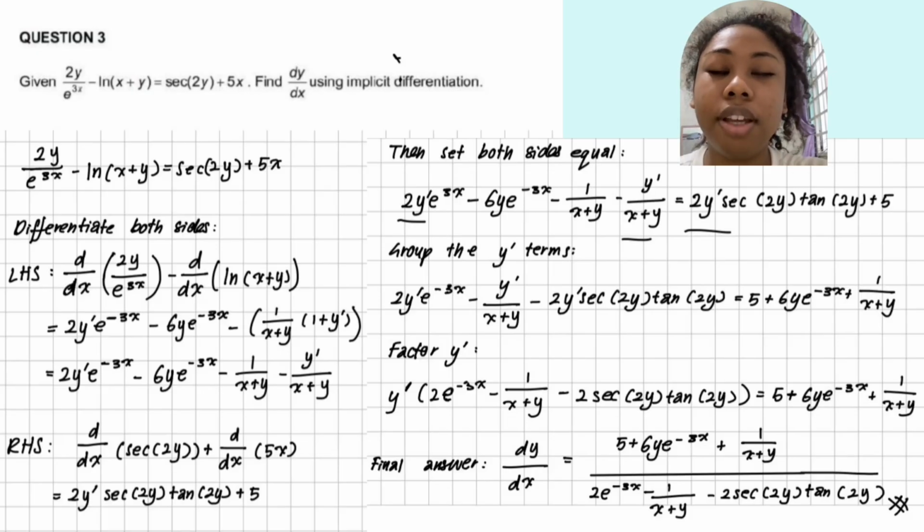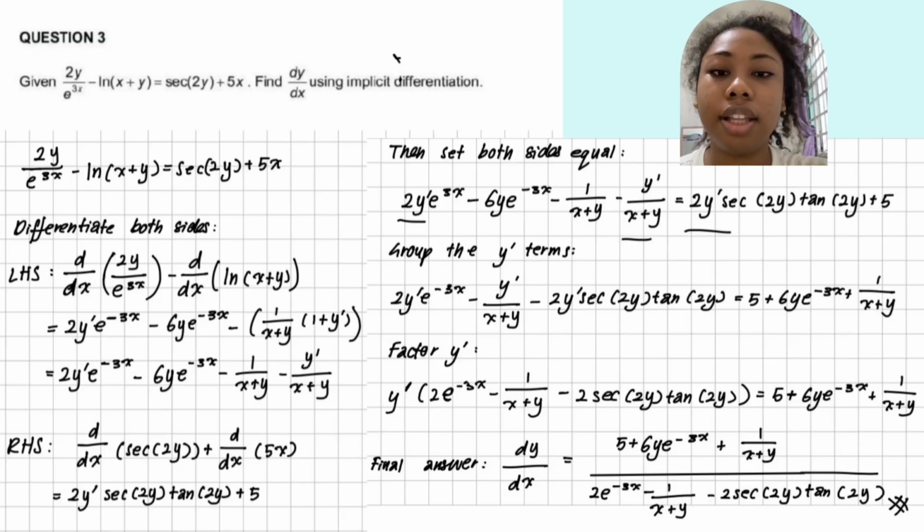Then it will equal 2y'e^(-3x) - 6y e^(-3x) - 1/(x + y) - y'/(x + y). That is for the left-hand side.